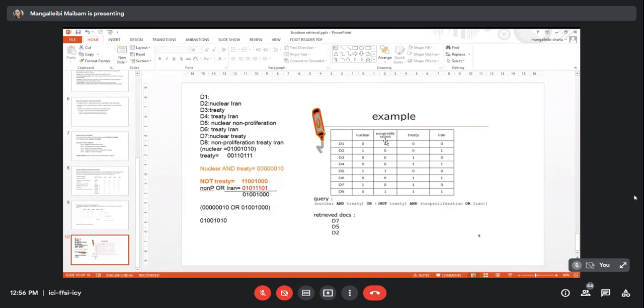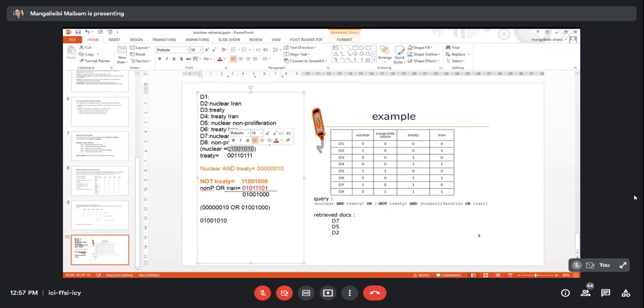Similarly, for non-proliferation you have to take vertically, for treaty also, and for Iran also. That means there will be 8 Boolean numbers. For nuclear it is 01001010. I have written it down here. For treaty also I have written it down here.